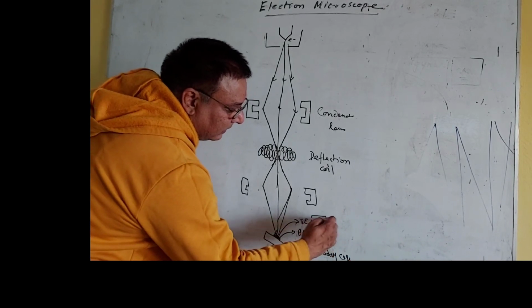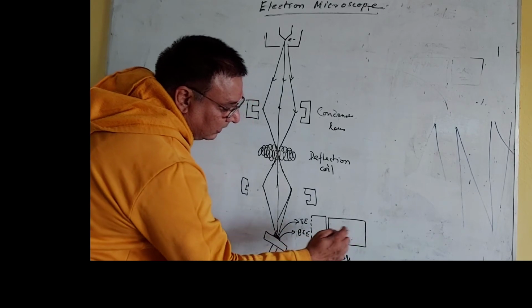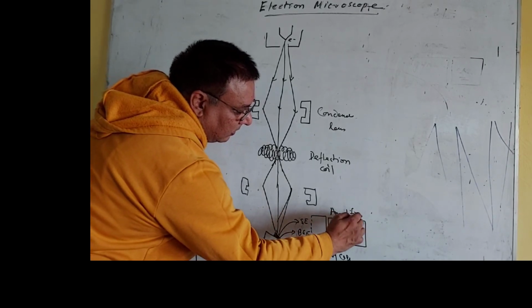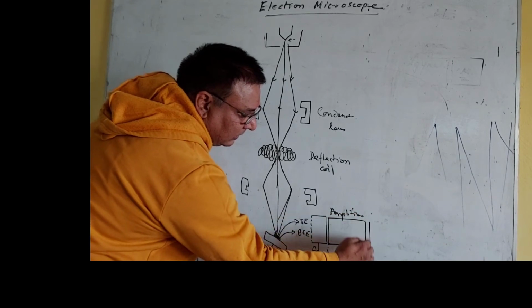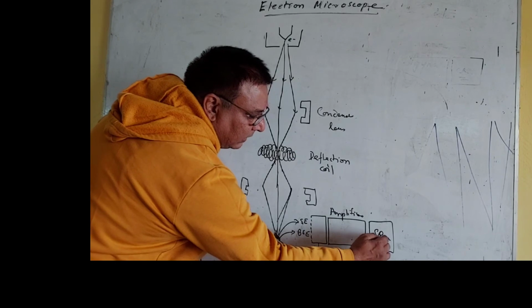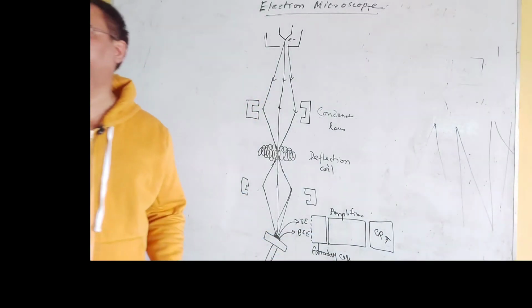And then there is a diode amplifier. And then there is, as I mentioned, a cathode ray tube. Earlier it used to be CRT, cathode ray tube.